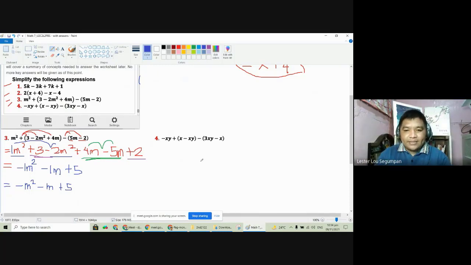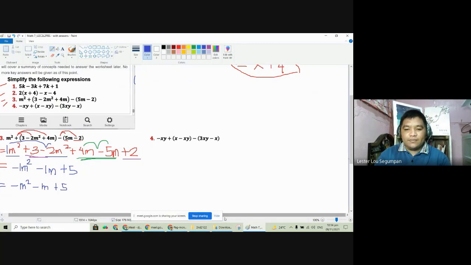Let's talk about this one here. This is when you do the same things as earlier, but let's just copy the first term as it doesn't have a grouping symbol. So negative xy. The next grouping symbol has a positive sign before it. So the positive x will still be positive x. The negative xy will still be negative xy.